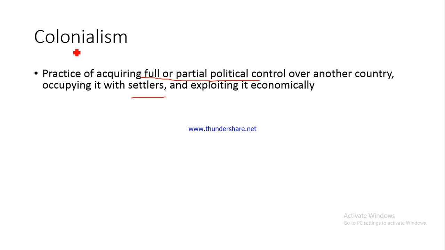So now what does a colonial country do? It acquires full or partial control of the colony and occupies it with its settlers. So it brings people from its home country and then settles them in the colony. And the whole objective is to exploit the colony economically, right?